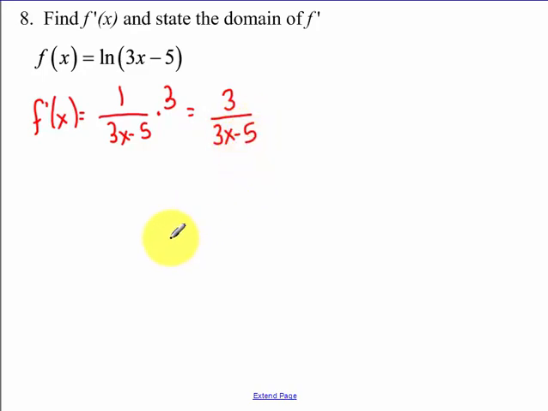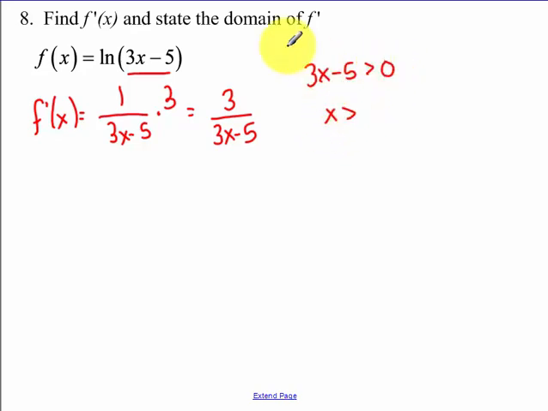Now the challenging part of this is you have to remember that your domain restriction comes from what's originally in this function. So I can only take the derivative of numbers that exist in my original function. Remember, ln has an asymptote. The inside piece of the logarithm has to be greater than 0.